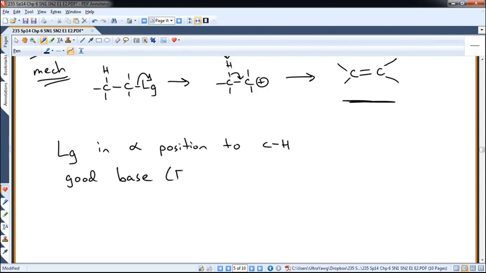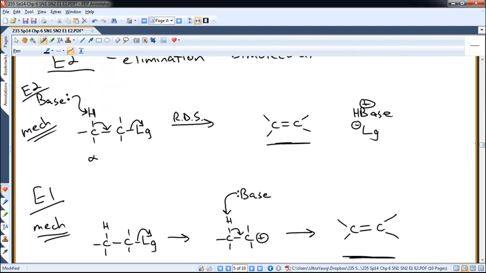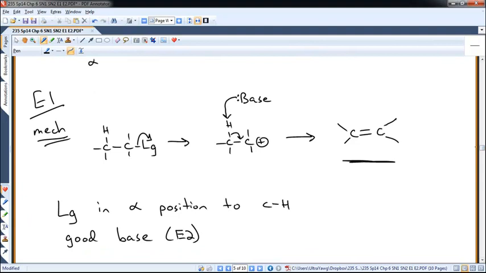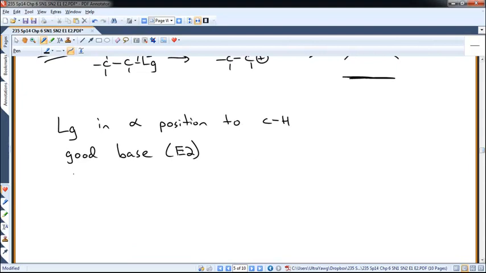You need a good base for E2. Just like in SN2, you need a good nucleophile to make the chemistry happen. Just like E2, you need a good base to make the chemistry happen, forcing it to happen. If you have a good leaving group, then the leaving group's just going to say, peace out, I don't care, I'm leaving, giving you a carbocation, and therefore you'll be doing the E1 mechanism.